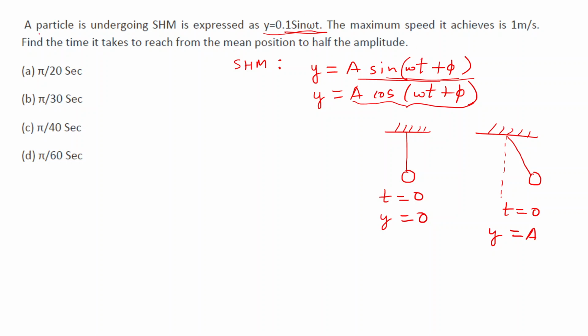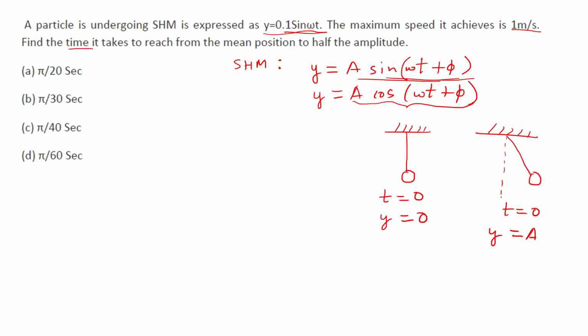Now the question is, a particle is undergoing simple harmonic motion and the equation of motion is expressed like this. The maximum speed it achieves is 1 meter per second. Find the time it takes to reach from the mean position to half the amplitude.